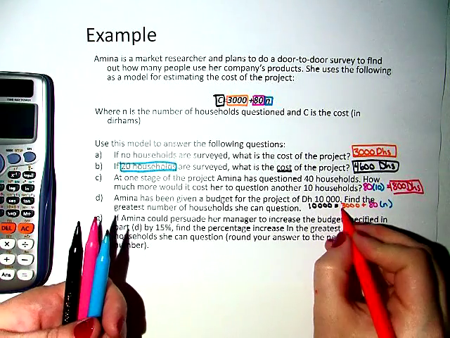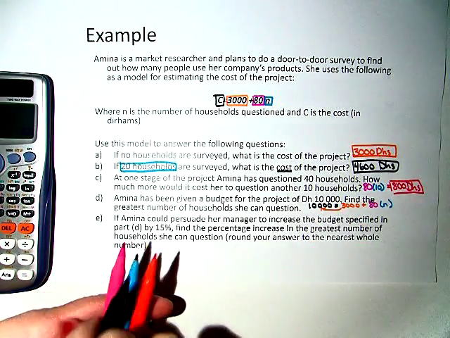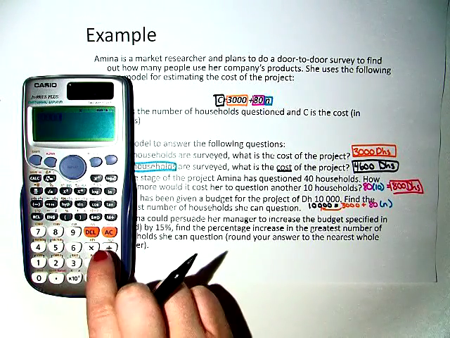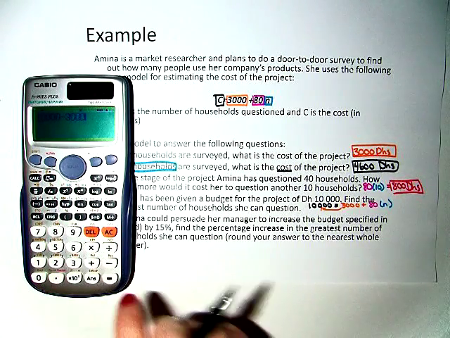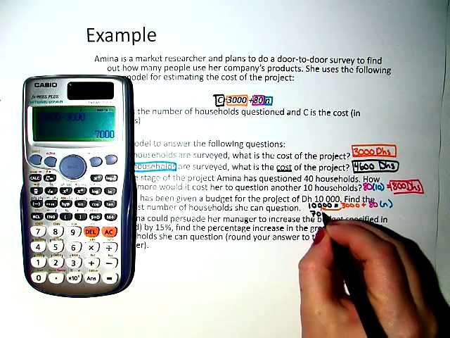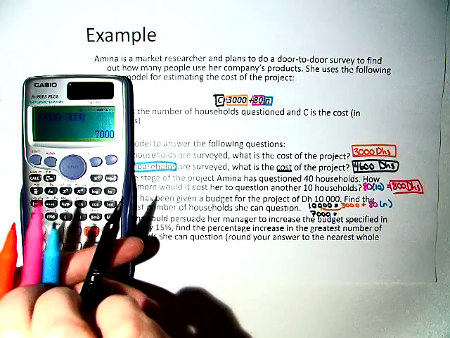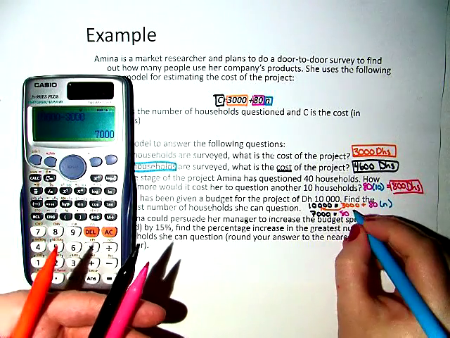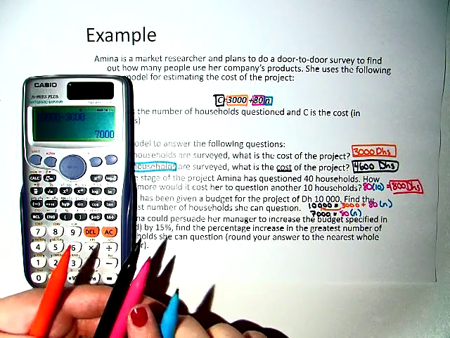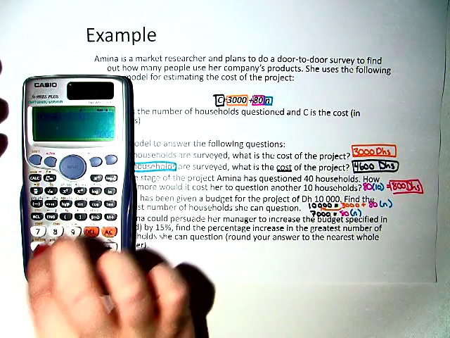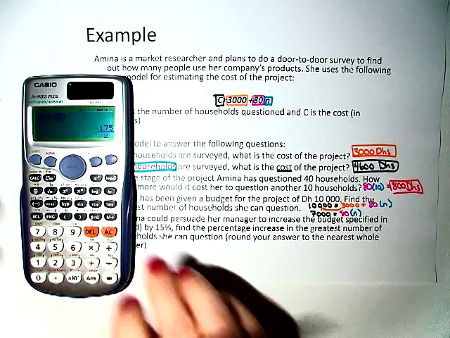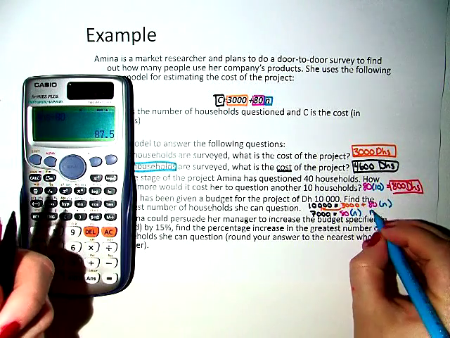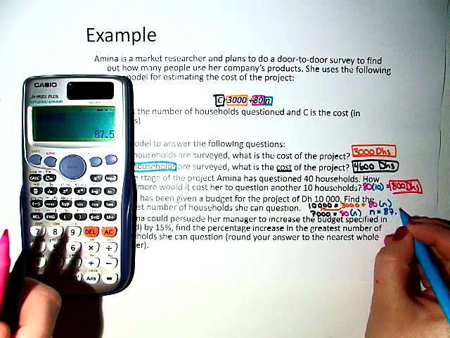So we move the 3,000 over, and we get 10,000 minus 3,000, or 7,000, equals 80N. To solve for N, we have to divide now by 80. And we get the number of houses is 87.5.